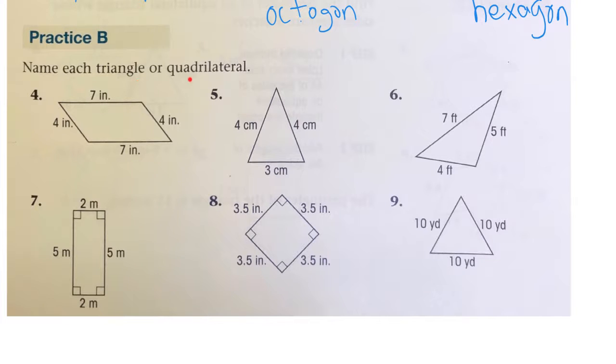Name each triangle or quadrilateral. So now we're going to be trying to figure out what type of a triangle it is or what type of a quadrilateral it is. Triangles have 3 sides, quadrilaterals have 4 sides. Okay, before I can see we have 7-inch sides that are parallel and 4-inch sides that are parallel. But none of the angles are 90-degree angles.